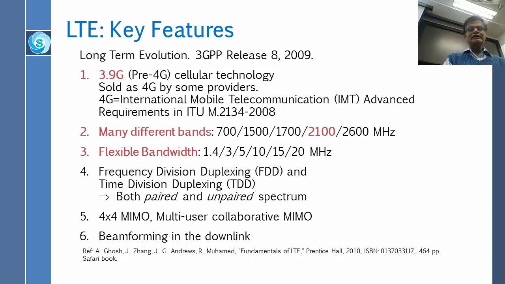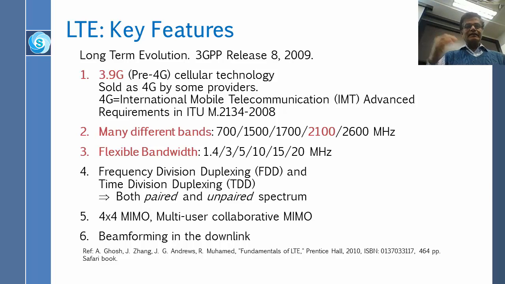But 4G has a very strict definition from the ITU, and there is a spec that you can download called M.2134-2008, which defines what is 4G. So LTE does not satisfy that spec. The sole purpose of LTE Advanced is to satisfy that spec. And therefore, LTE Advanced, when we come to it in the next module, is 4G.